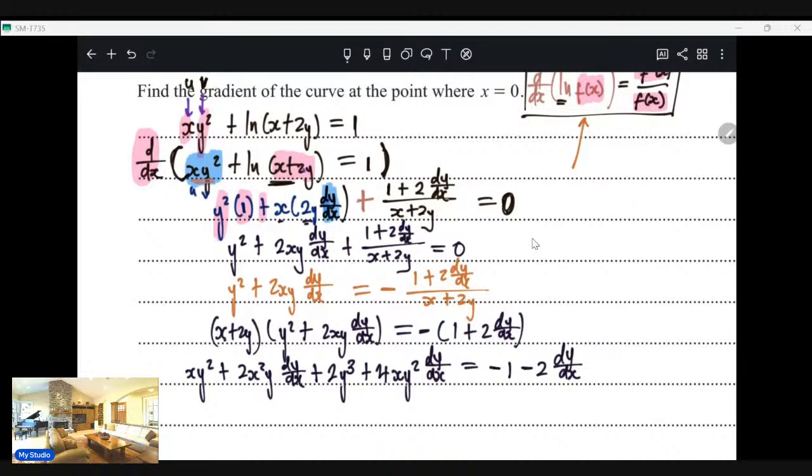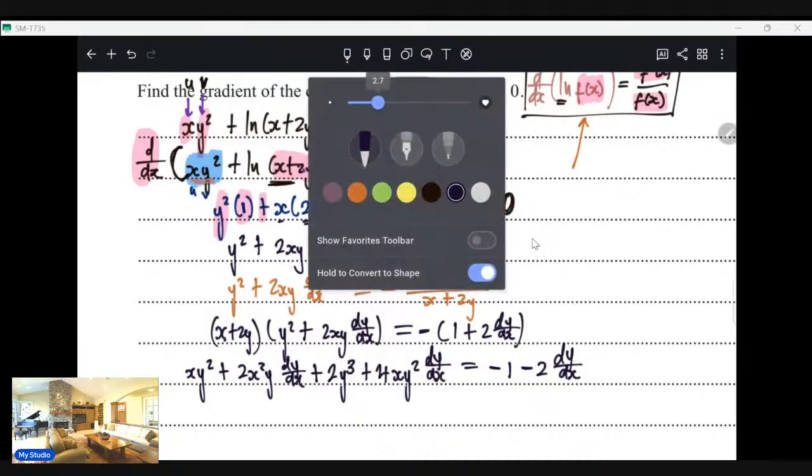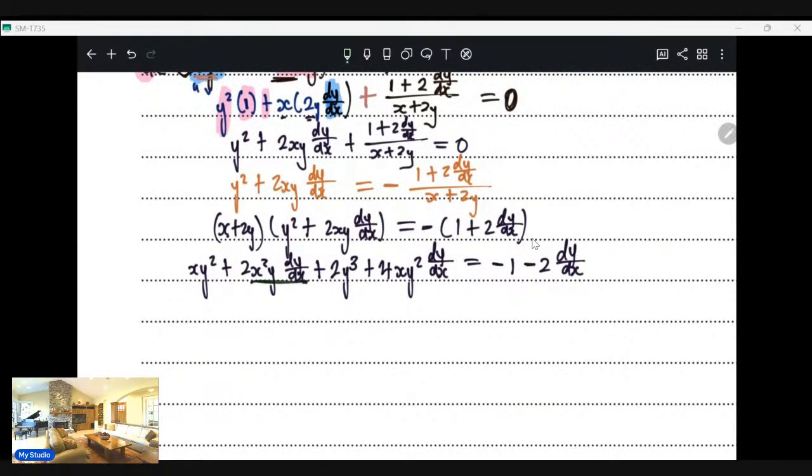Now, your job is to make sure that every dy/dx is next to each other. Are we together? Put all the dy/dx's together and remove everything else. So we take this first one, it becomes 2x squared y dy/dx plus 4xy squared dy/dx minus 2 dy/dx.